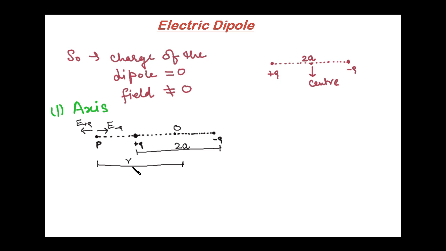Now we will first find the dipole field for points on the axis of the dipole. Now for finding dipole field on axis point, let us consider a point P at a distance r from center O of the dipole.